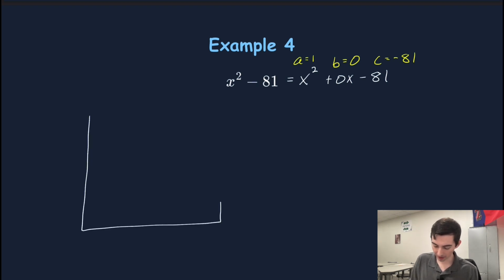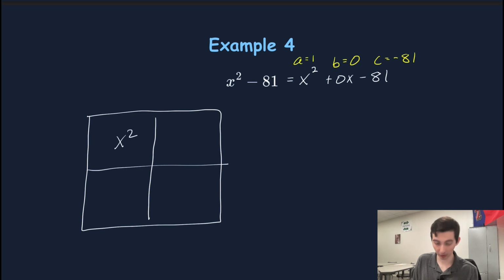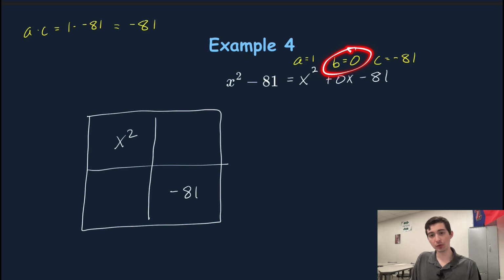So I'll set up my box. X squared will go on my first one, and negative 81 will go on my last. And so now let's think. A times c is 1 times negative 81, which just gets us negative 81. And now we want two numbers to be able to add or subtract to 0.